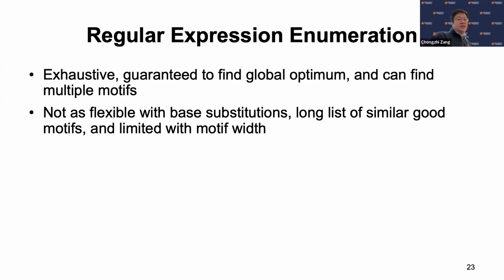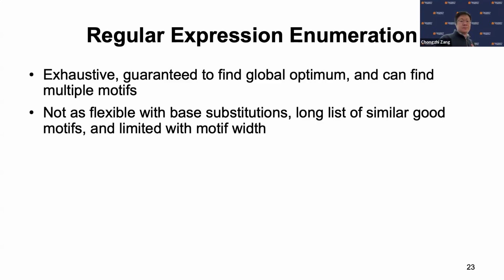And it can generate a very long list of very similar good motifs. And we have a certain limit in the length of the motif we can find, because essentially the search space grows exponentially if you increase the length, right? All the possible K-mers would be 4 to the K.